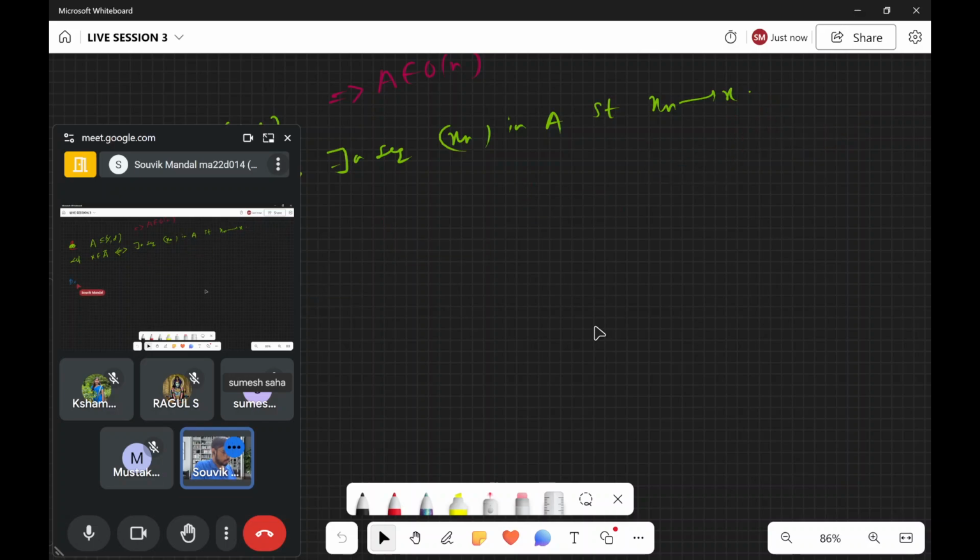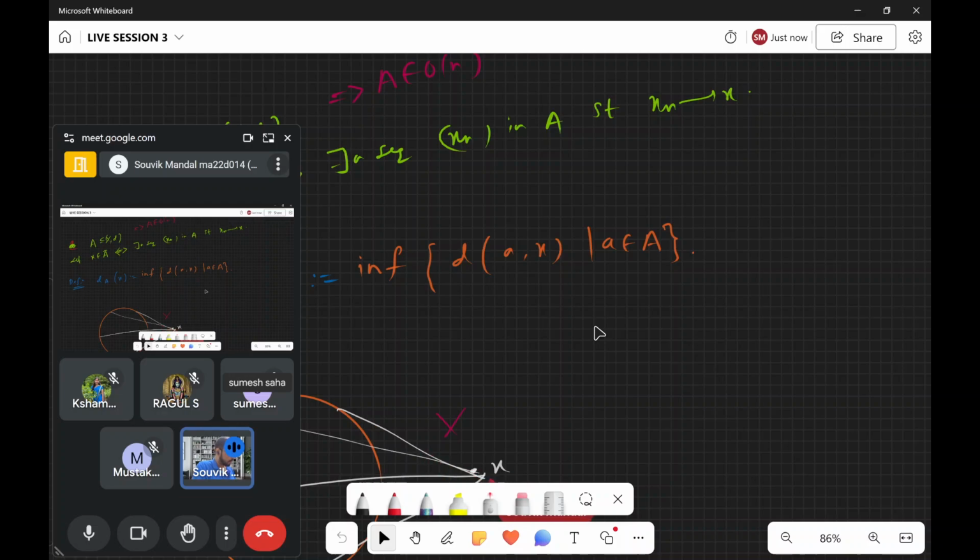So define it to be the infimum of, suppose we have some set, and we are now considering all possible x, and by geometry, the perpendicular.